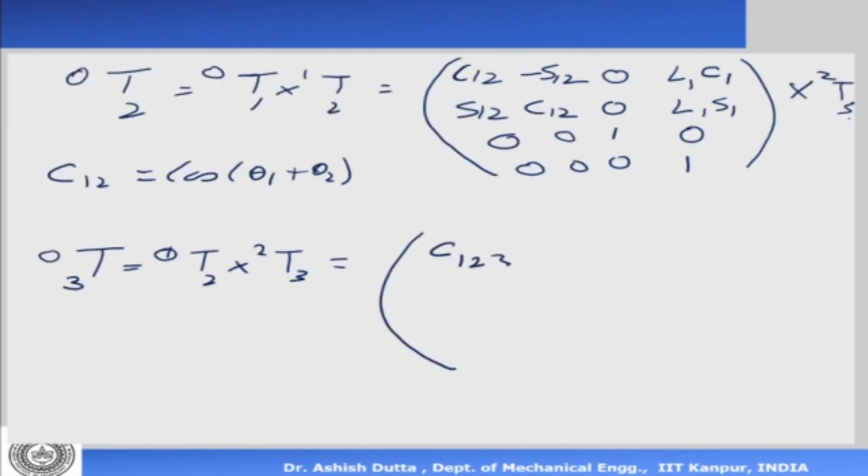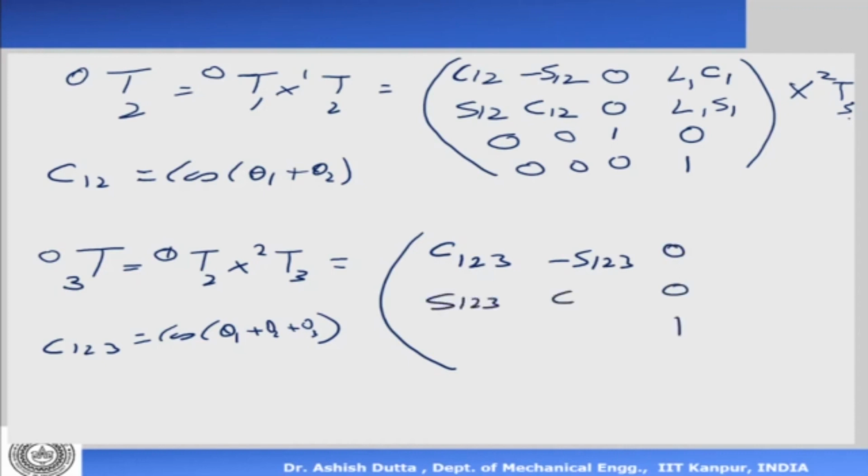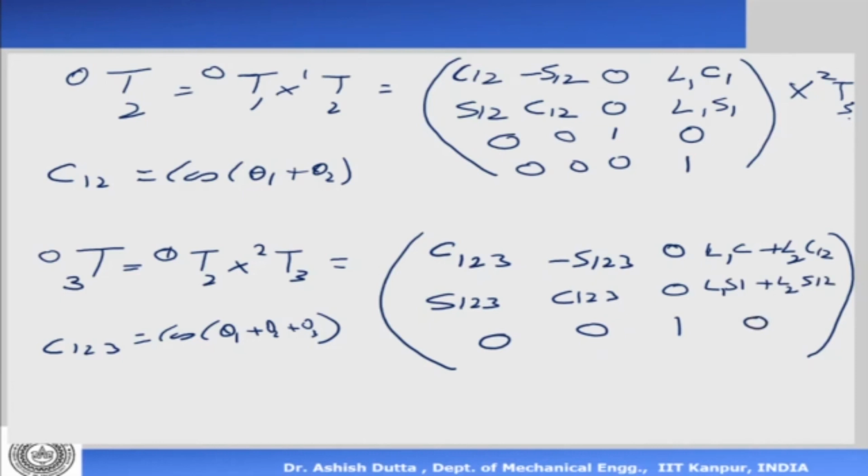Cos 1 2 3, which means cos of theta 1 plus theta 2 plus theta 3, minus sin 1 2 3, 0, 0, 1. This is now sin 1 2 3, cos 1 2 3. This is 0, 0, 1. This is L1 cos 1 plus L2 cos 1 2, and this is L1 sin 1 plus L2 sin 1 2. This is 0, that is 0, 0, 0, 1.